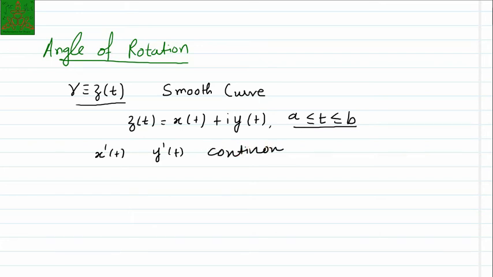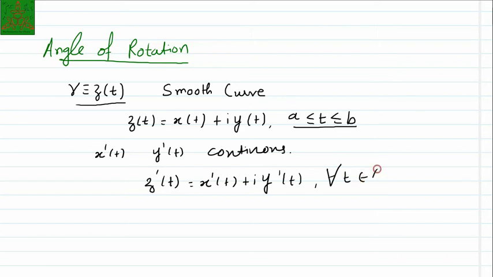The derivative can be written as x dash of t plus i y dash of t, the derivative of the real part and the imaginary part, for every t in the open interval (a, b). Note that an increasing value of the parameter t gives the positive direction, and if the parameter t is decreasing, then we are going towards the negative direction.